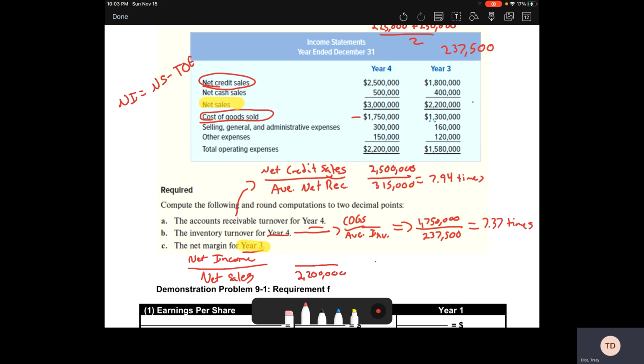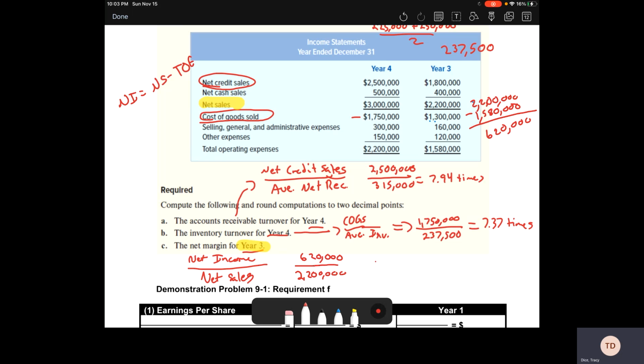So we're going to take net sales and subtract the 1,580,000. And that should be, I believe, 620,000. So that goes on the top.